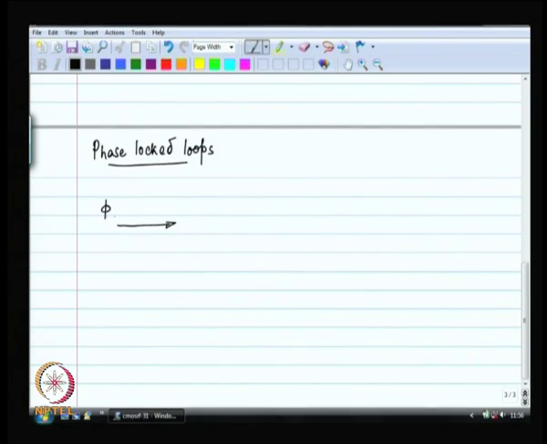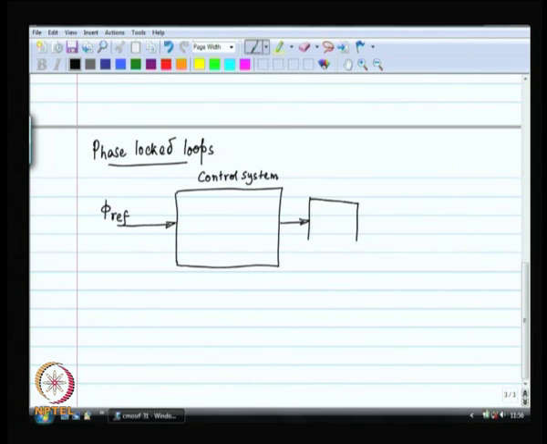So, I need to track the phase of the reference oscillator and I need to build a control system that drives my VCO. VCO is the plant.